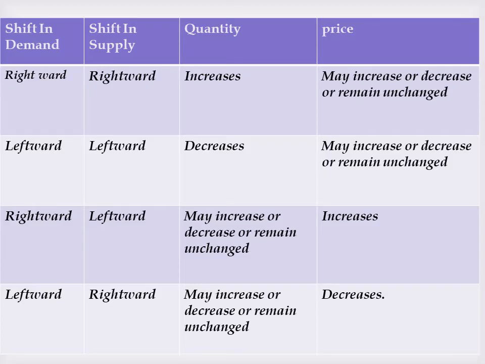Then what happens to the equilibrium price? It increases. If the demand curve shifts leftward and the supply curve shifts rightward, the equilibrium quantity may increase, decrease or remain unchanged, while the equilibrium price decreases.